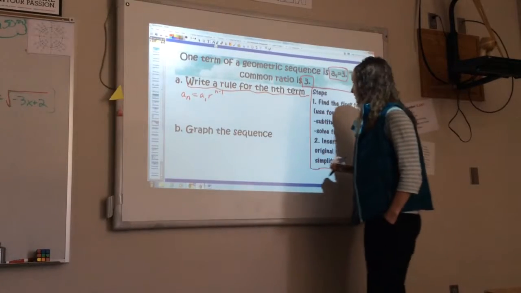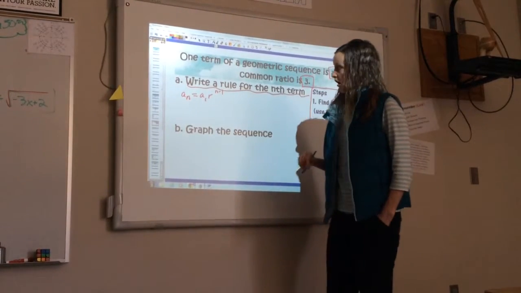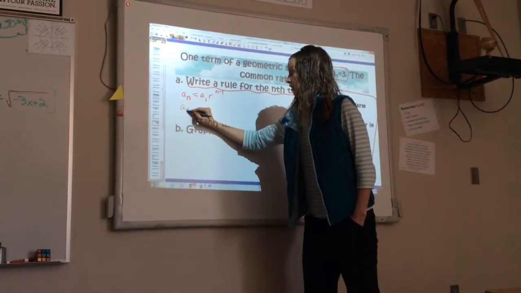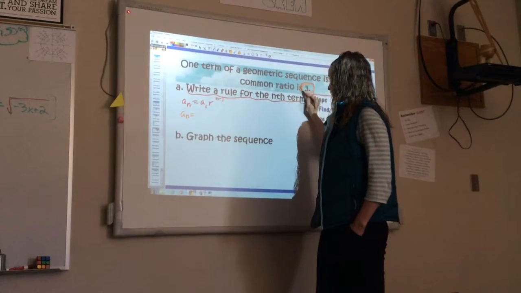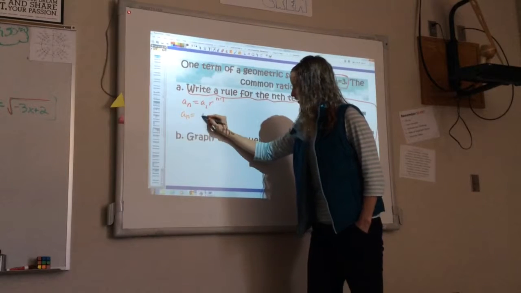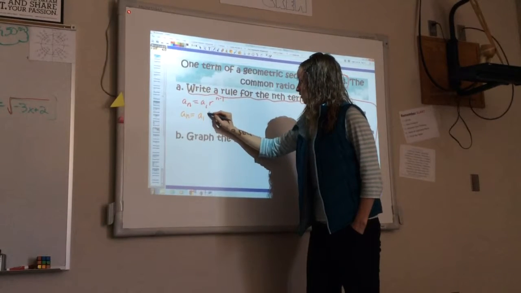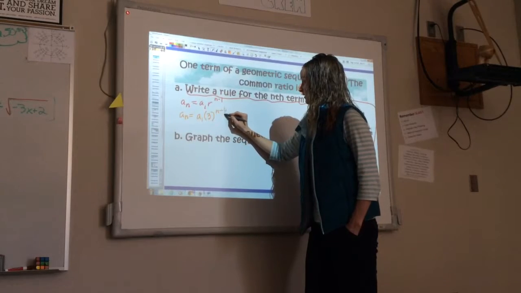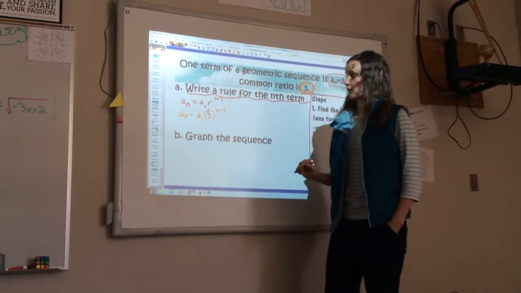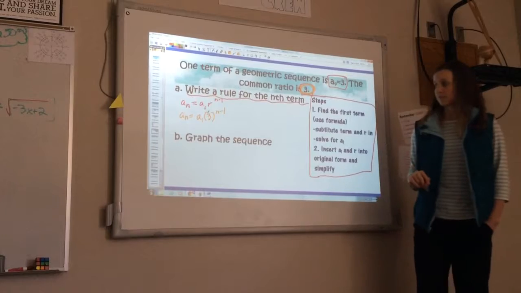So what does that mean? The only thing you can plug into your ratio is this. What does common ratio stand for again? R. So you just know that this is happening. That's all you can figure out with your nth term.